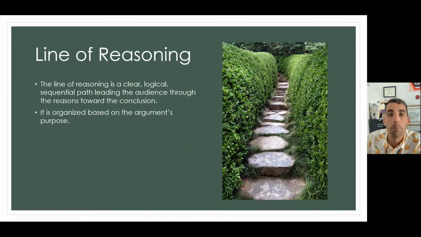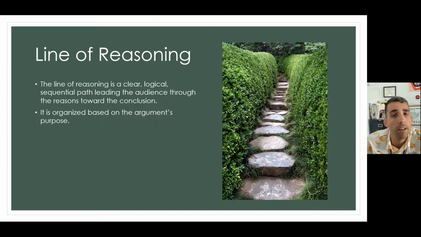The way that we structure our argument and how you build your essays and papers in this course is through something called line of reason, or LOR, as you'll see it abbreviated in some of these different activities that we'll do. So line of reason is simply how you organize your argument, how you put things in order.